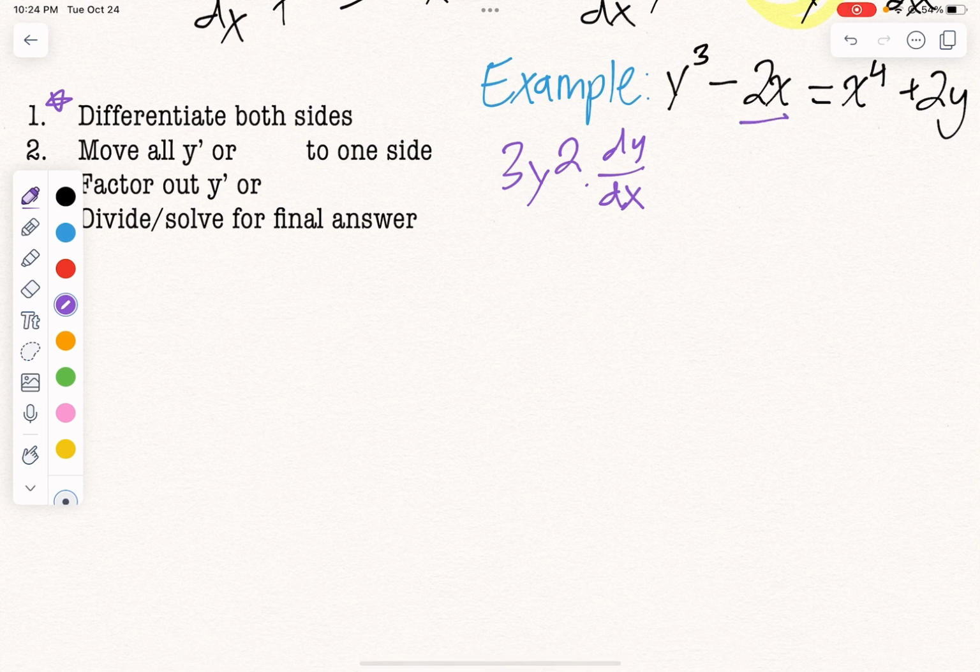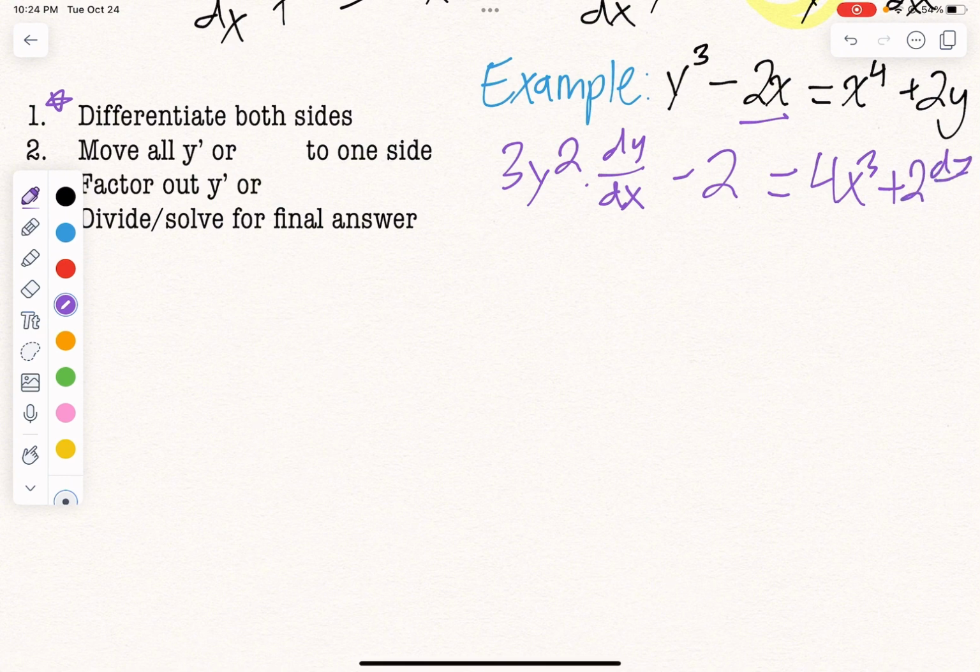We can use our regular power rule for the x term, so it'd be minus 2 equals 4x to the third plus 2 dy dx.